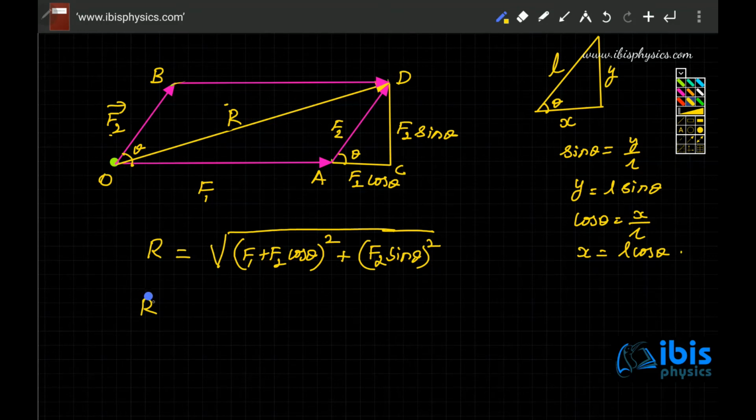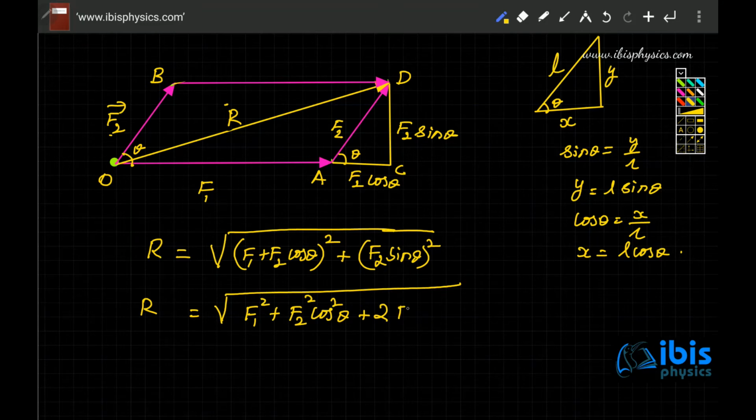So R is equal to the square root of (a plus b) whole squared, that is a square plus b square plus 2ab, plus f2 square sine square theta.